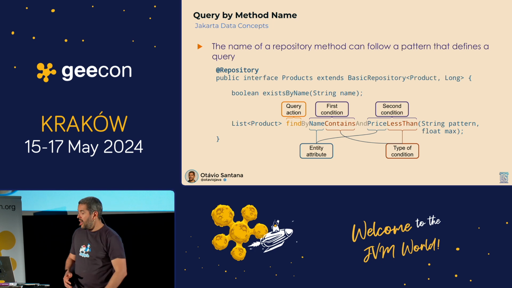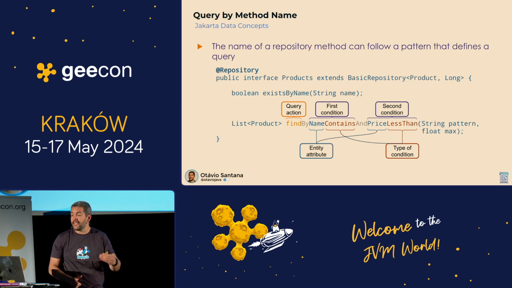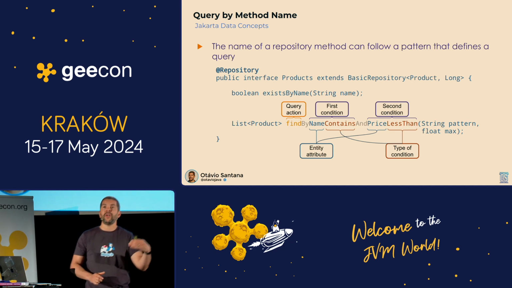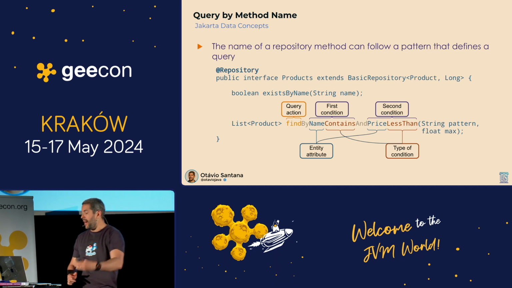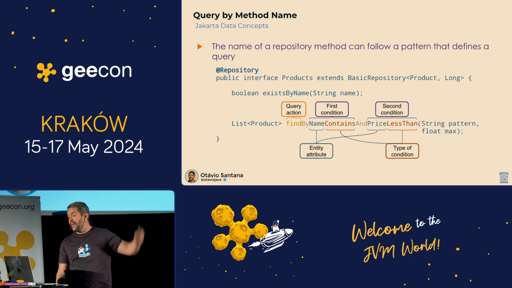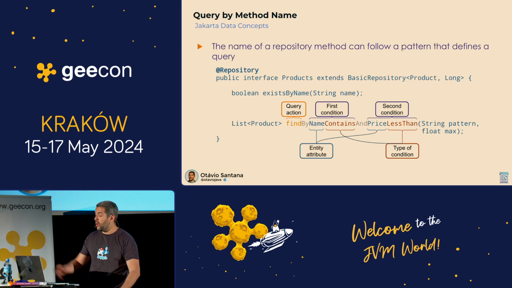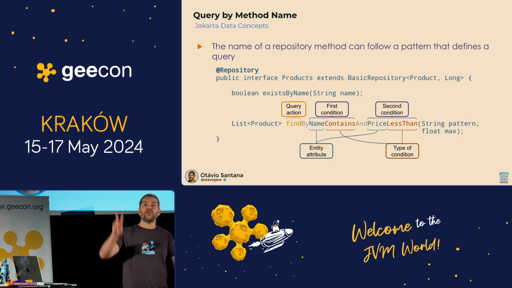The first part of this method is the query action, so I'm retrieving information: find by. Then I'm using the attribute of the entity, then the conditions, and finally the second part where I'm taking the price and then the condition less than. And then I put two parameters.